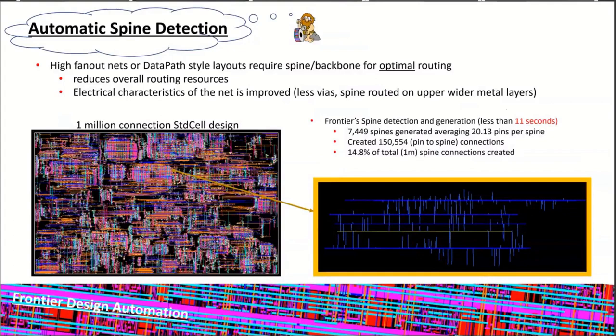For Frontier, we generated and detected almost 7,500 spines. Took 11 seconds, averaging 20 pins per spine. And basically on this 1 million connection net, 14% of the total connections were done in spine. And the router takes a couple of minutes to route the spines.